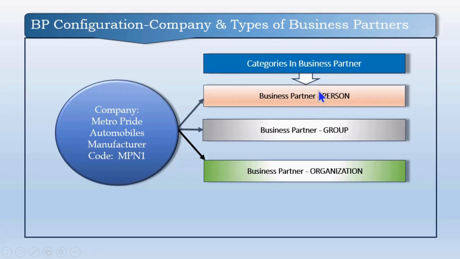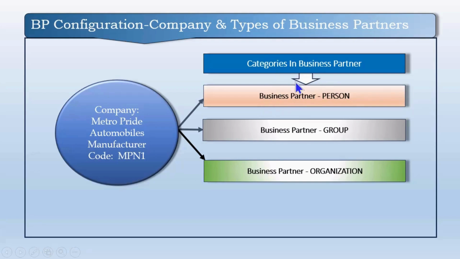A person can be a business partner to our company. A group can be a business partner to our company. An organization also can be a business partner to our company. So this is how the relationship builds up between a business partner and our company.